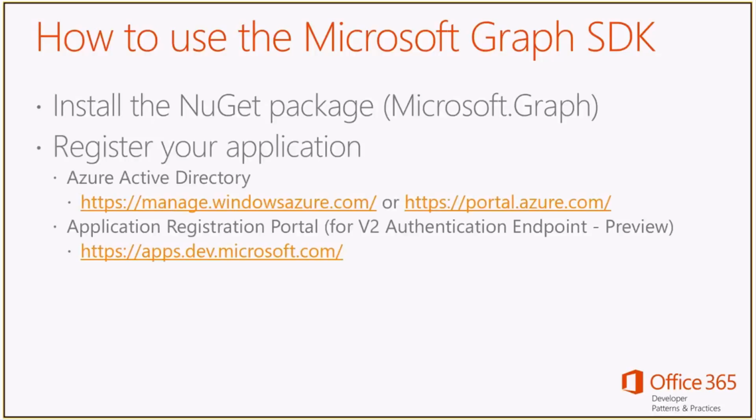You will have to register your application so that it will be allowed to consume the Graph APIs. And right now, at the time of recording, we have at least two options to register one application. The first one is probably the well-known one, which is based on Azure Active Directory. So you will have to go to the management portal of Azure.